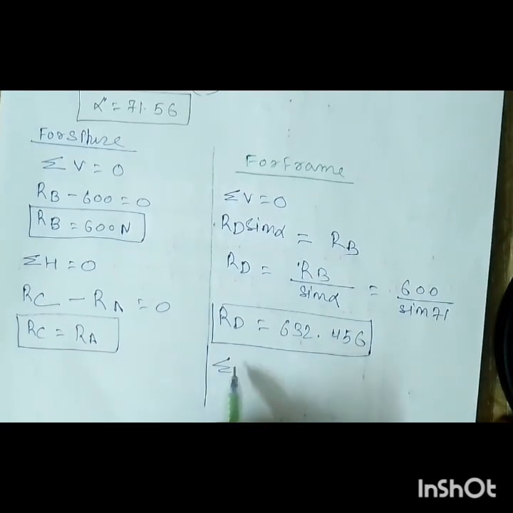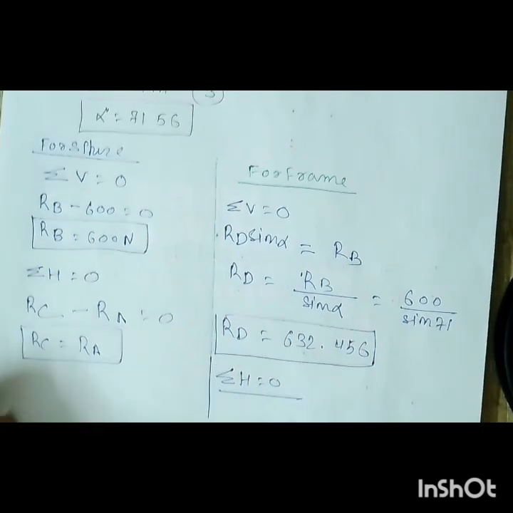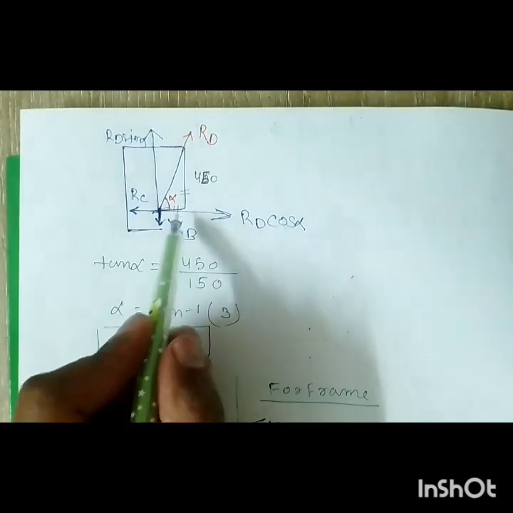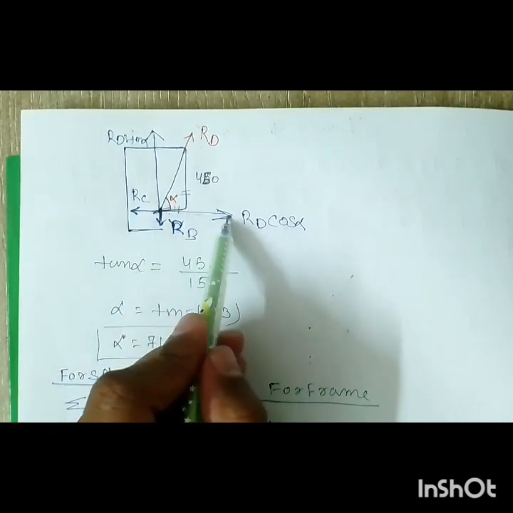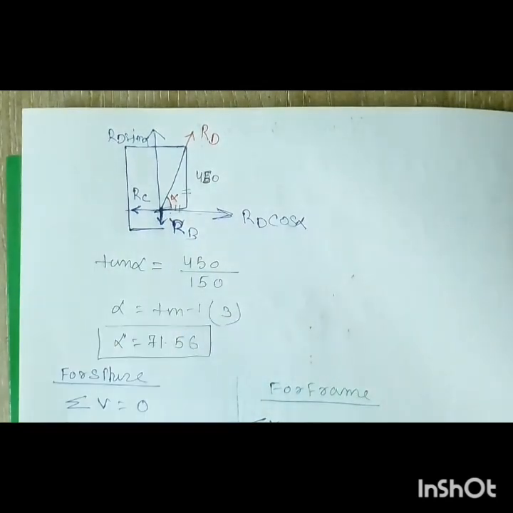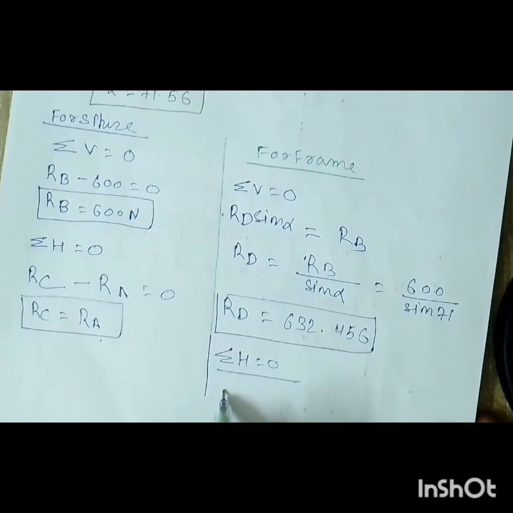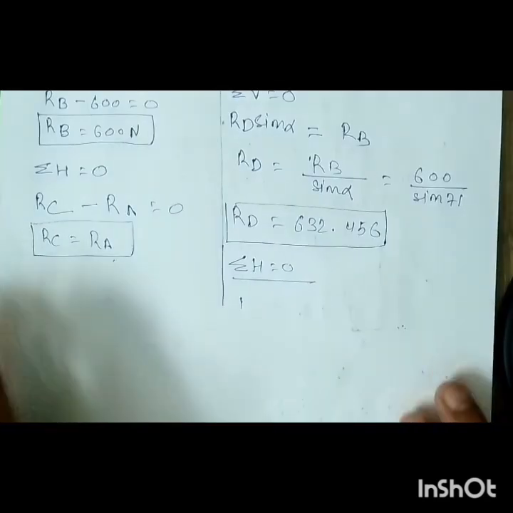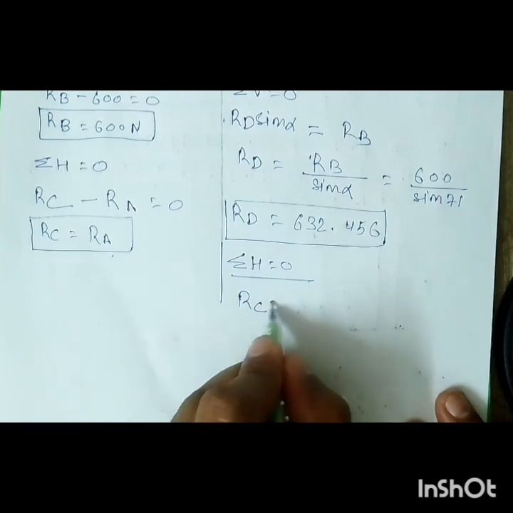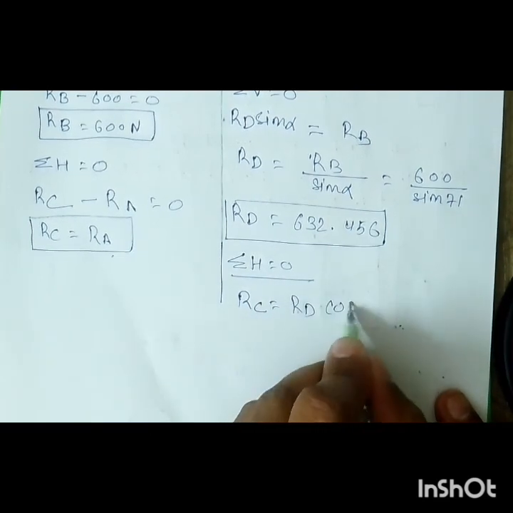So now we can write summation H is equal to 0. Let's see that frame. H means you have the horizontal component of RD and RC, but RC is equal to RA. And one more thing, RC is equal to RD cos alpha.